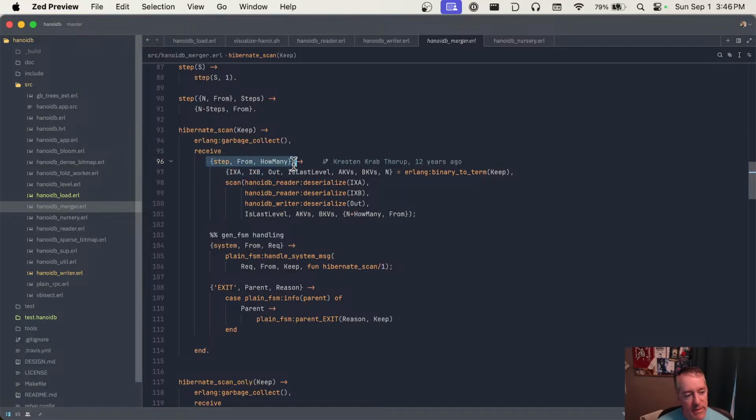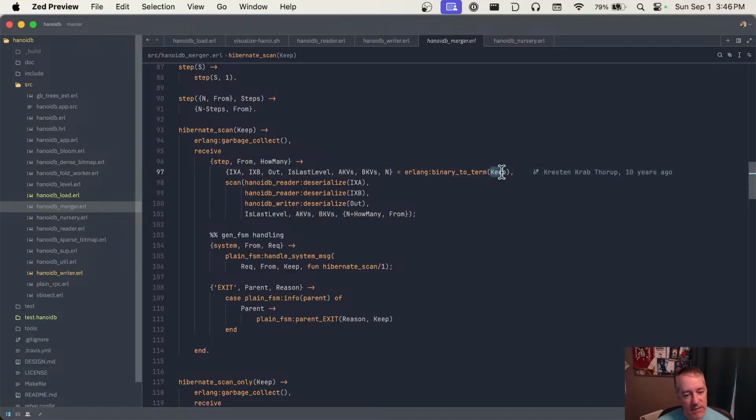Okay. So there's this hibernate scan function. What it's looking like is, okay, garbage collect, because that's a good time to garbage collect right before you're about to sleep or wake from sleep. And if you receive a message for, implement this many steps in your merge process, this is, I guess, who sent it, and then how many steps to do, right? Okay. And let's see.